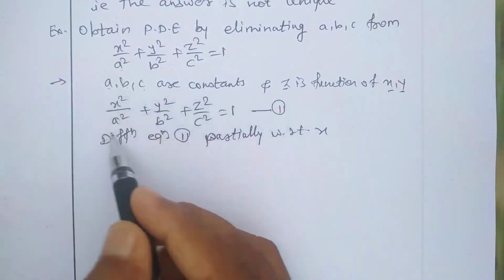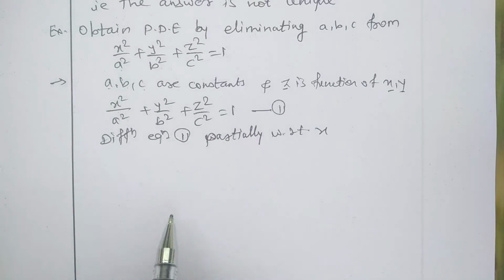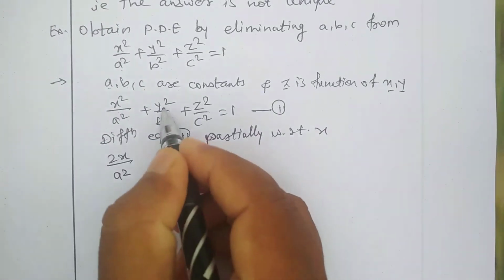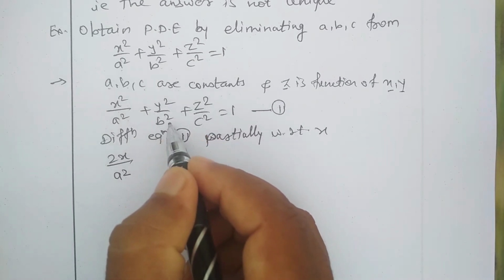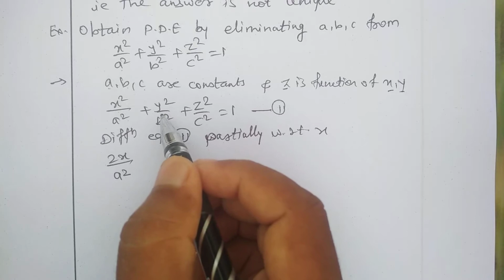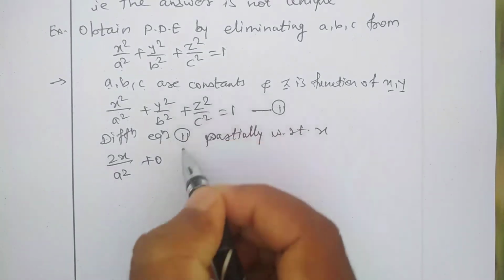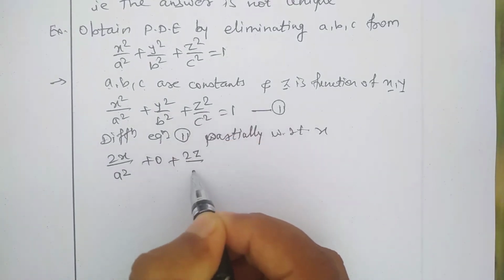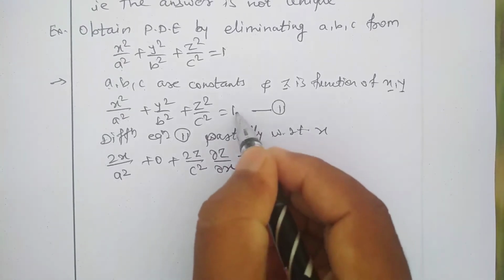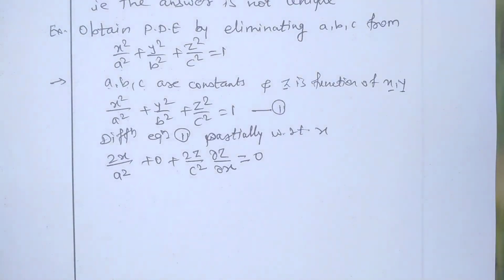The derivative of x square is 2x upon a square. The second term, y square upon b square, is a constant term with respect to x, so its derivative is 0. And the derivative of z square is 2z upon c square into del z by del x, is equal to the derivative of 1, which is 0.